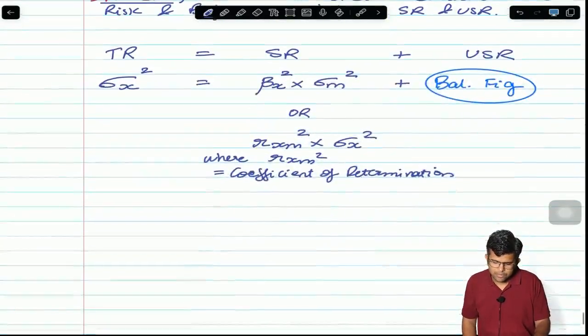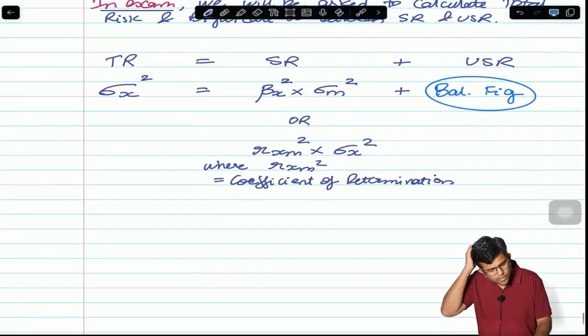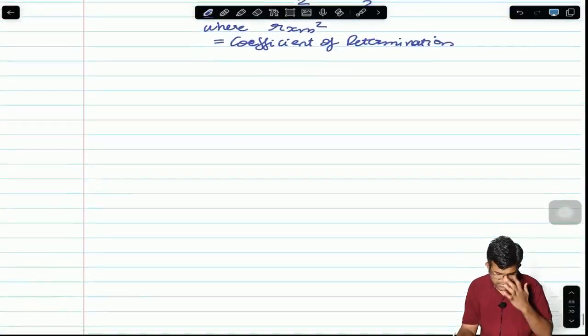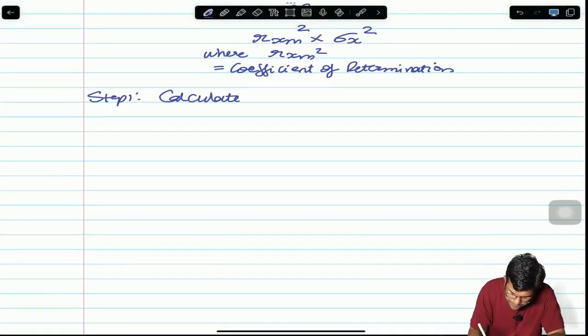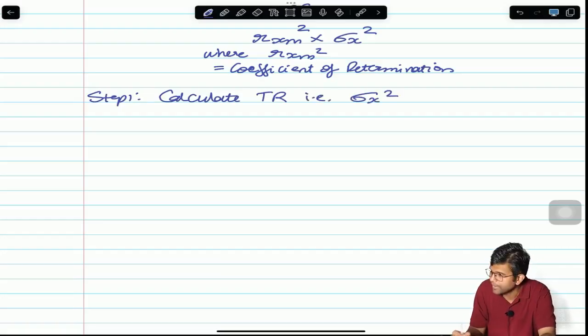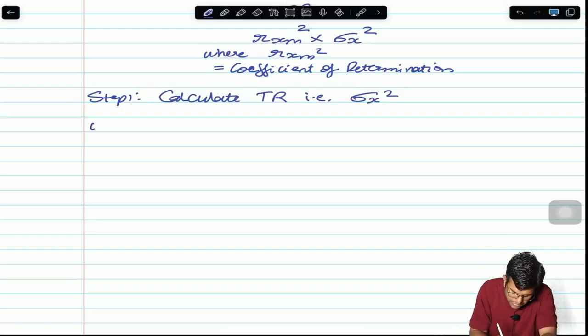So, okay, now how to solve the question? Okay, see. Step 1. Calculate total risk. That is sigma x square. Here x and xm.